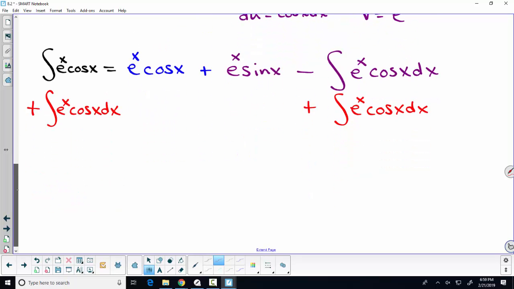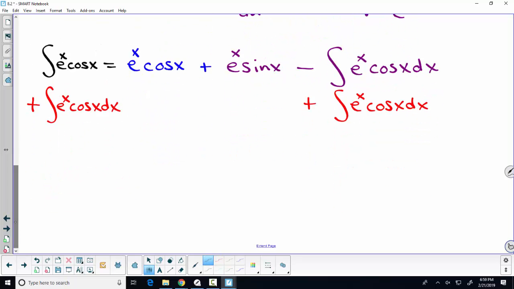So now on the left-hand side, now we have two of those things. All right, dx.